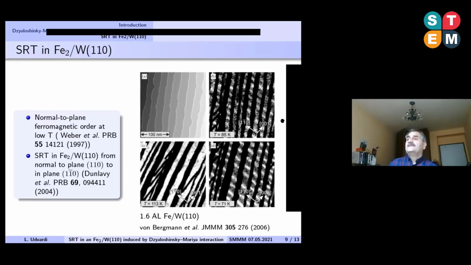So the STM tip was sensitive to the normal-to-plane orientation of the magnetization. If we further increase the temperature, these stripes disappear because the system turns into the plane. And if we decrease the temperature back, the stripes appear again, indicating a normal-to-plane orientation of the magnetization. So there is a temperature-driven reorientation in the case of the iron double layer on tungsten 110.